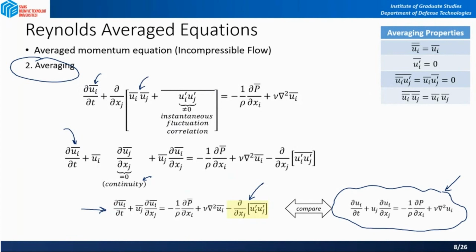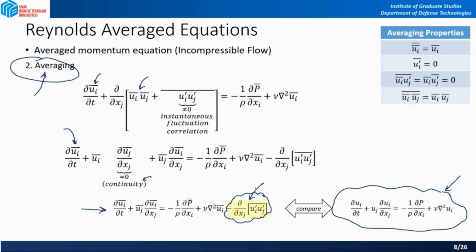So the mean momentum equation has all the terms of instantaneous, but this is an additional term that comes inside. So this extra term was not there before, so you don't see it in the instantaneous equation, and it's a mathematical artifact which appeared because of the process of averaging. So because we did this process of averaging, this mathematical thing happens in here.